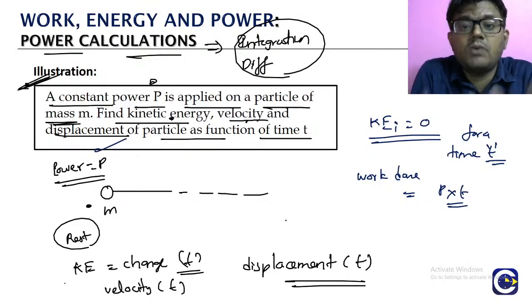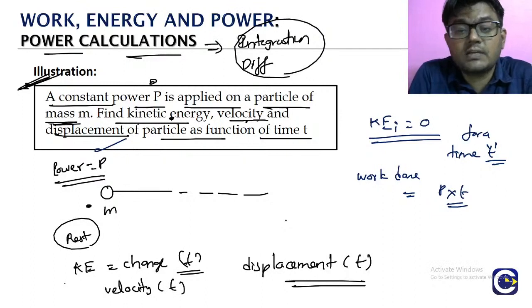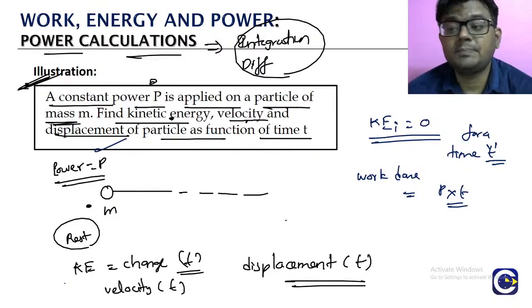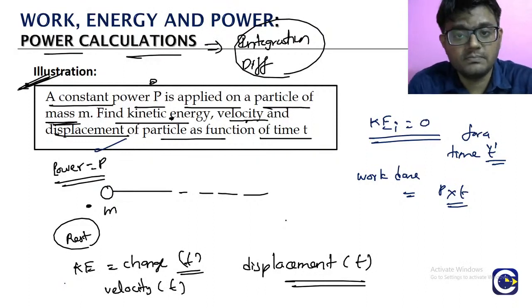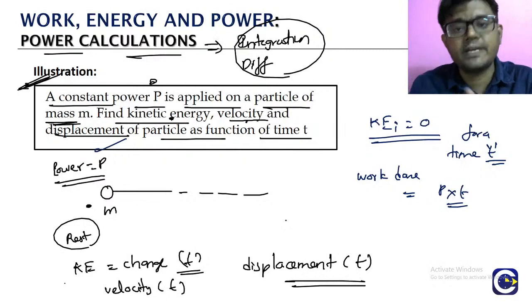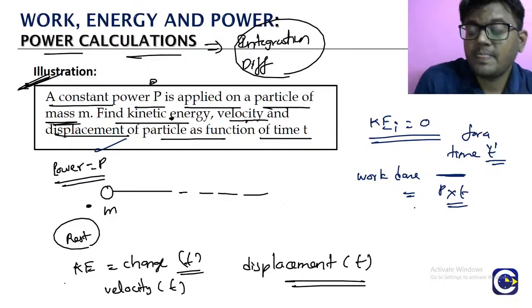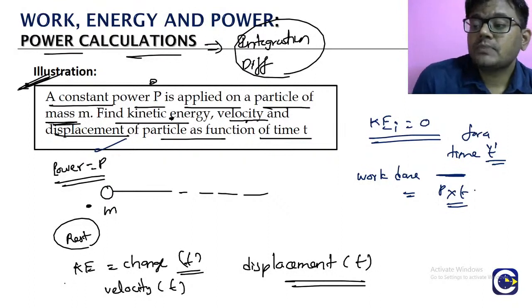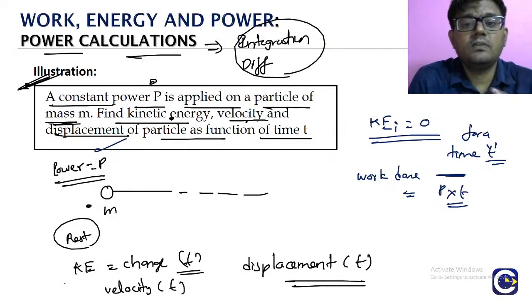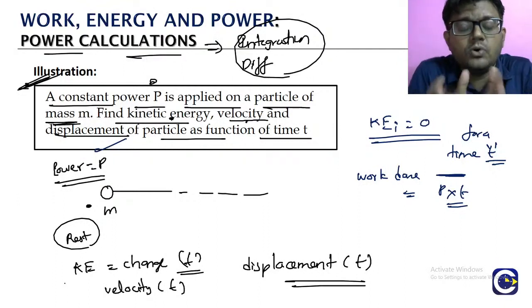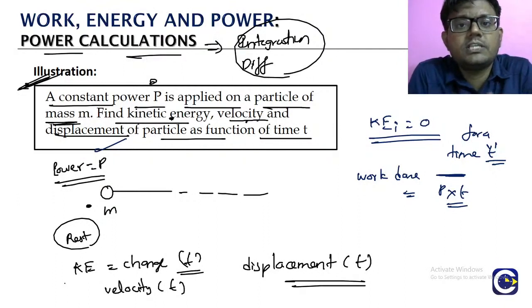In the time t, what will be the work done by the force which is giving this constant power? It will be power into time, because power is work done by time. So work done is equal to power into time. We can straight away do it because it is a constant power. Now this work done, as per the work-energy theorem, is going to go into the change in kinetic energy.